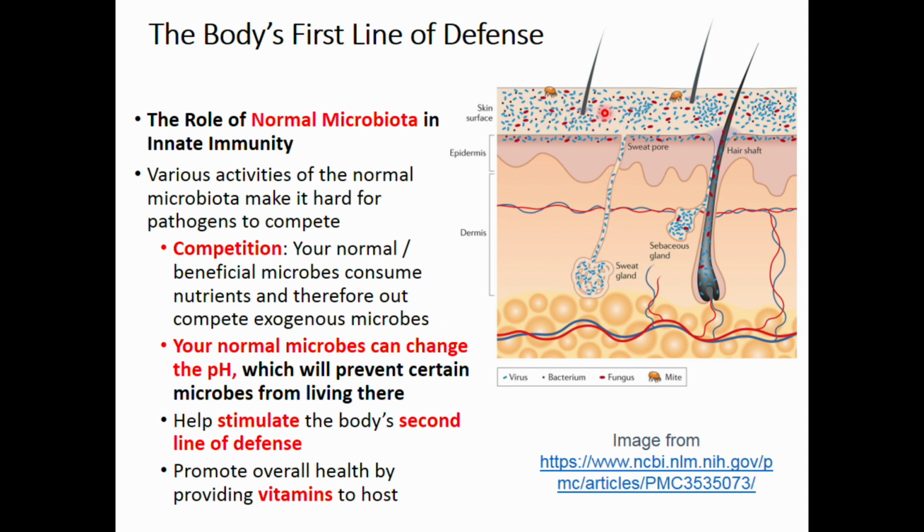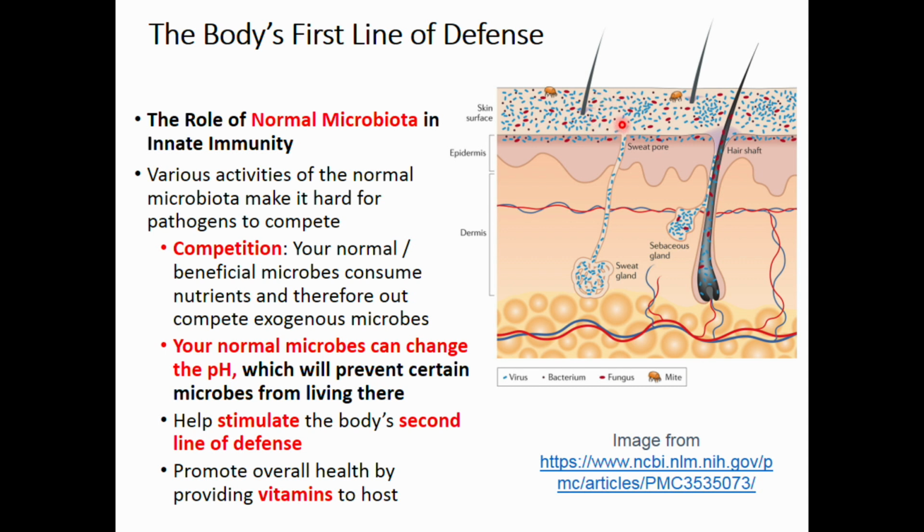So you may be saying, wait a second, Dr. Willett, why are we wanting to colonize our skin with bacteria and viruses? Then I'll say, well, remember, normal microbiota, right? Your healthy bacteria, your friends. Remember, you are outnumbered by the different types of microbes on and in you by 10 to 1 in terms of the number of cells. And that's important. These bacteria and viruses that we see here, these are protecting you.